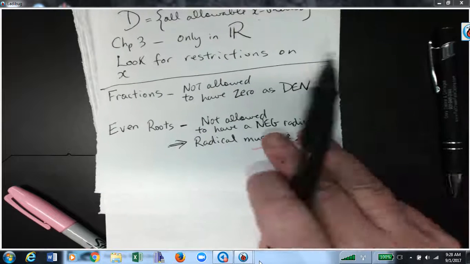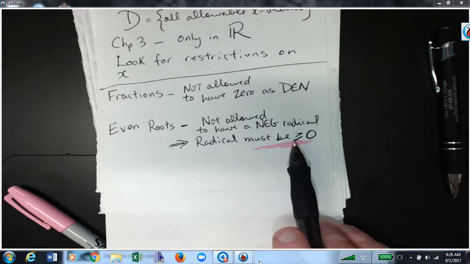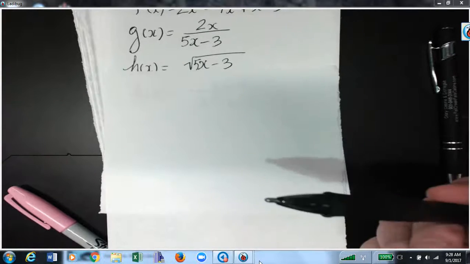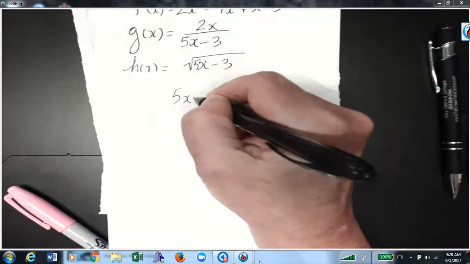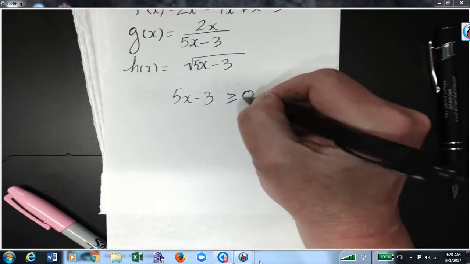So what's inside is not allowed to be negative. Well, if it's not allowed to be negative, then what's inside has to be greater than or equal to 0. So from the restrictions on even roots, in particular a square root, the radical, what's inside, has to be greater than or equal to 0.